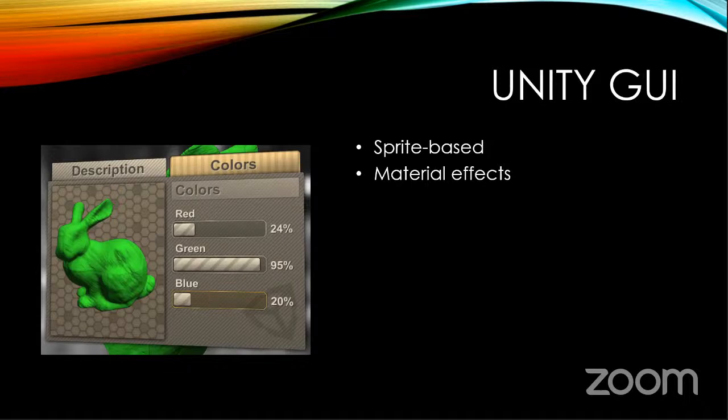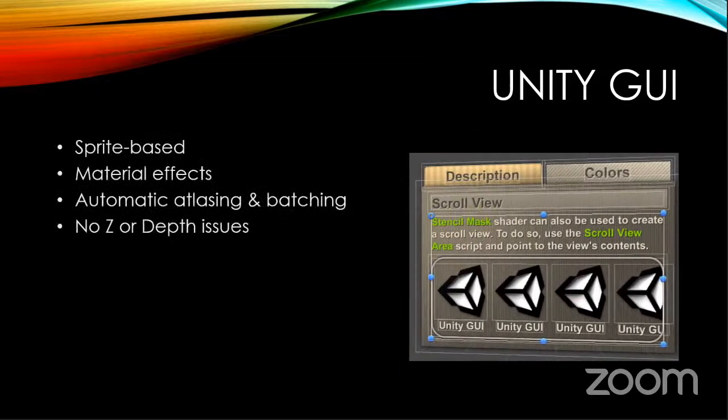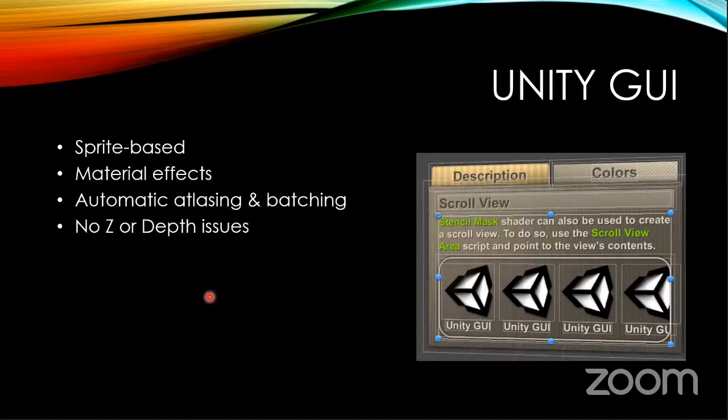The other thing was automatic atlasing and batching. All atlasing and batching is done automatically, and you don't need to worry about that at all. You don't need to write atlases to the batching and provide it to your widgets. It just works. So what does this mean to you, the user? You don't need to worry about Z or depth issues anymore.